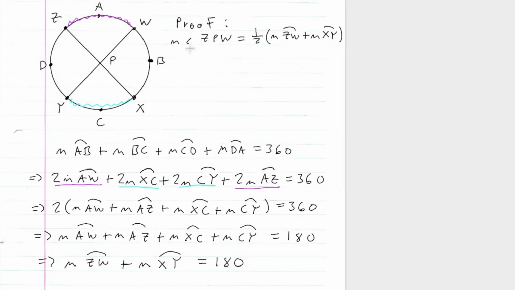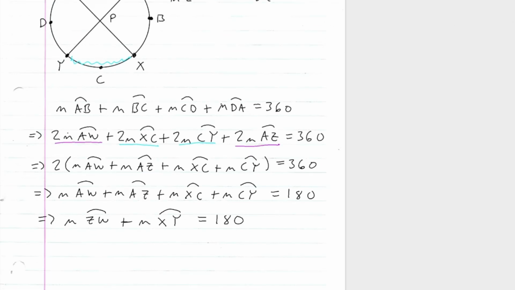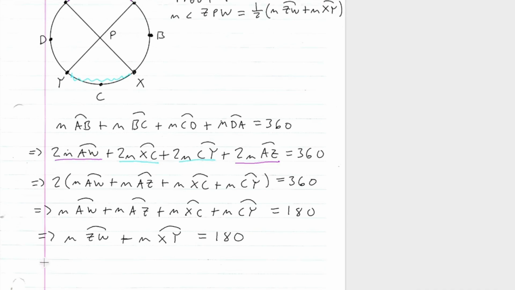But look at that. I have the measure of angle ZPW is equal to half of the measure of arc ZW plus the measure of arc XY. So this implies that the measure of angle ZPW is equal to half of 180, which is equal to 90.